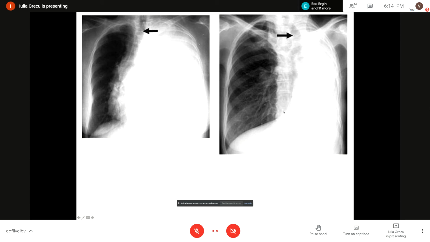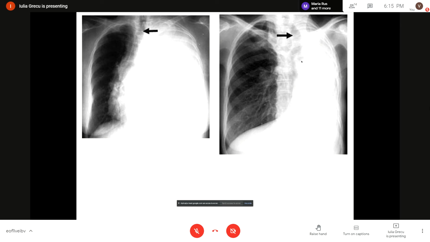So, what do you think would be the cause of this opacity compared to this one here? What could cause this kind of huge opacity associated with a shifting? A pneumoperitoneum. Like air, right?